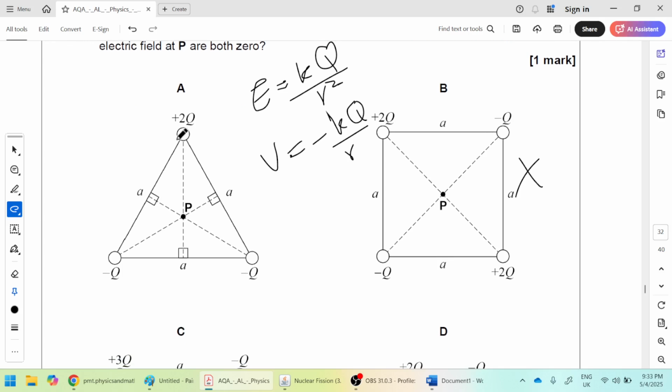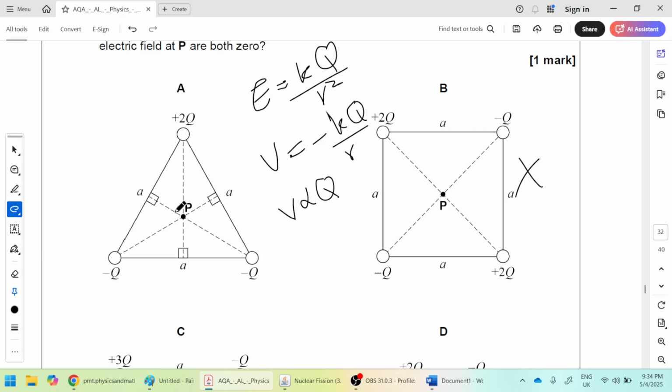Over here, what I can see is, now you can see here V is proportional to Q, the magnitude. So if this gives 2V, this will give V and this will give V. These will have a positive V, this will have a negative V. So there is a cancellation here.